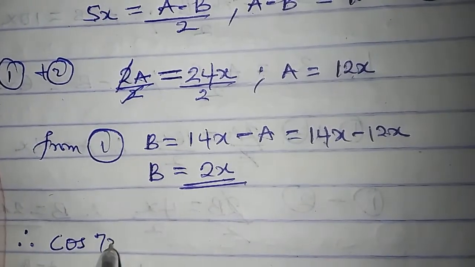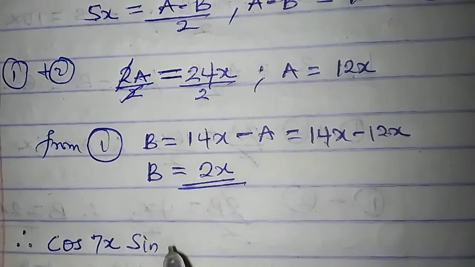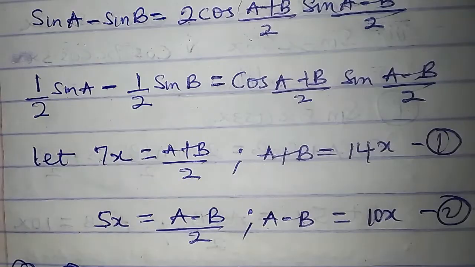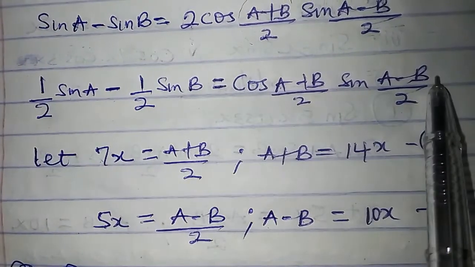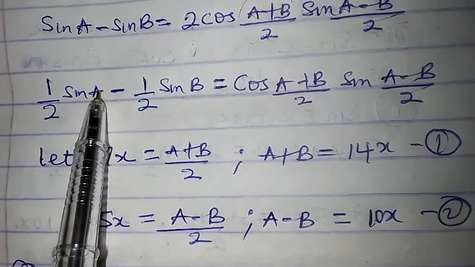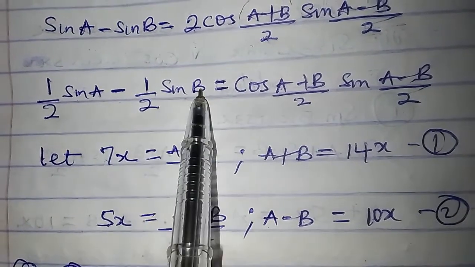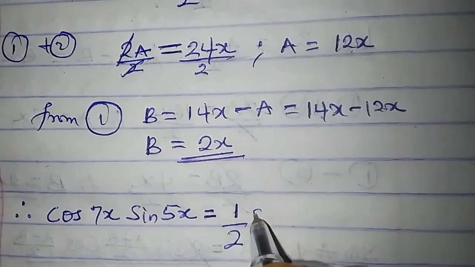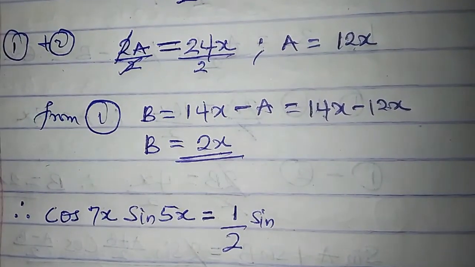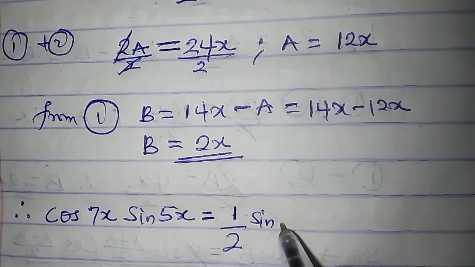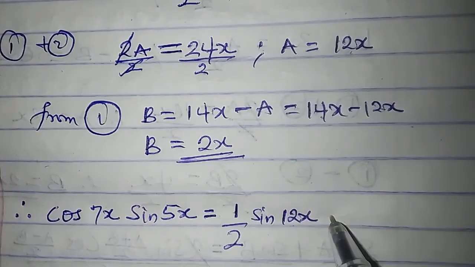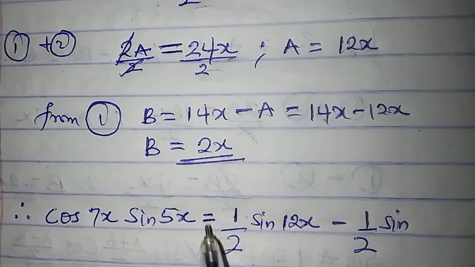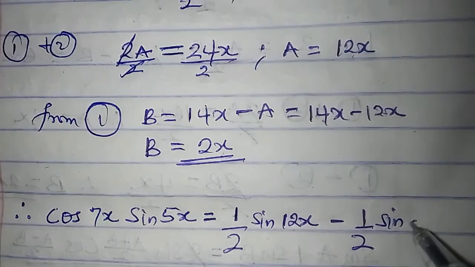Cos 7x sine 5x will be equal to this. Remember this identity, alright? Half sine A minus half sine B. So let's substitute. Half sine A, which is 12x, minus half sine B, and B is 2x.